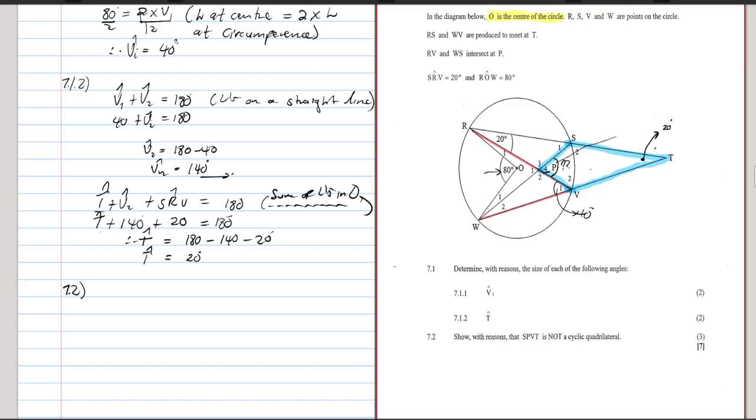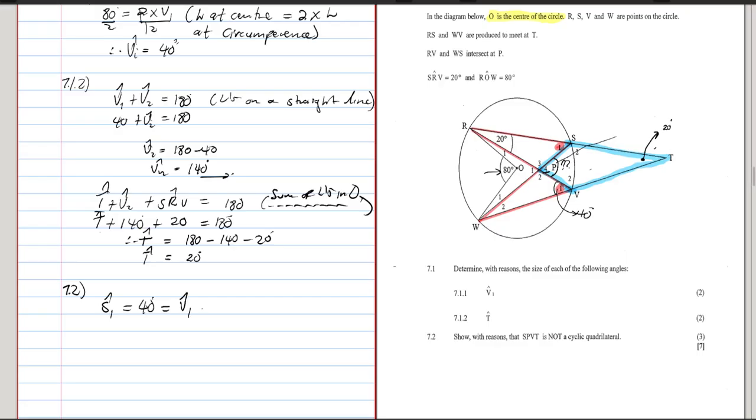This is a bow tie. So this means that this S1 is equal to that V1. Now, what does S1 have to do with P4? You'll see, don't worry. Angle S1 is equal to 40 degrees.